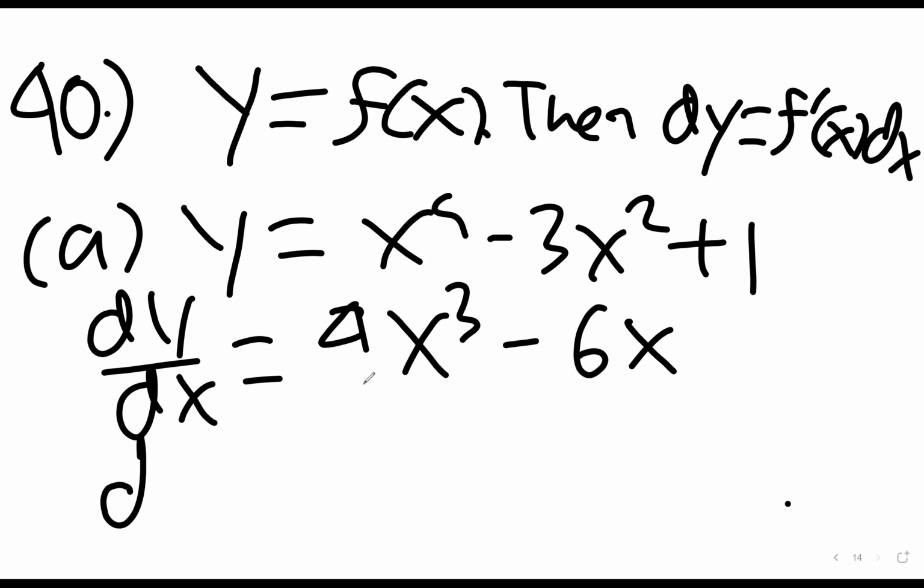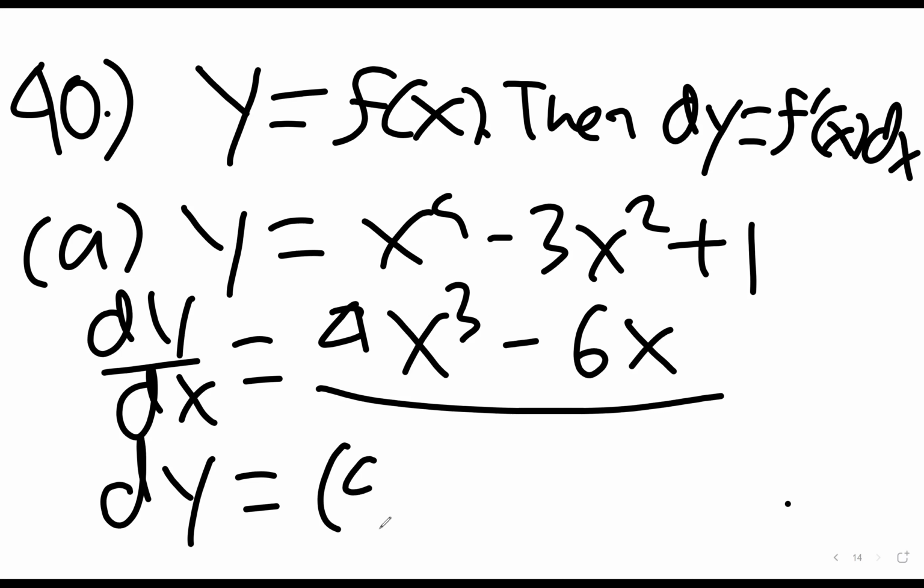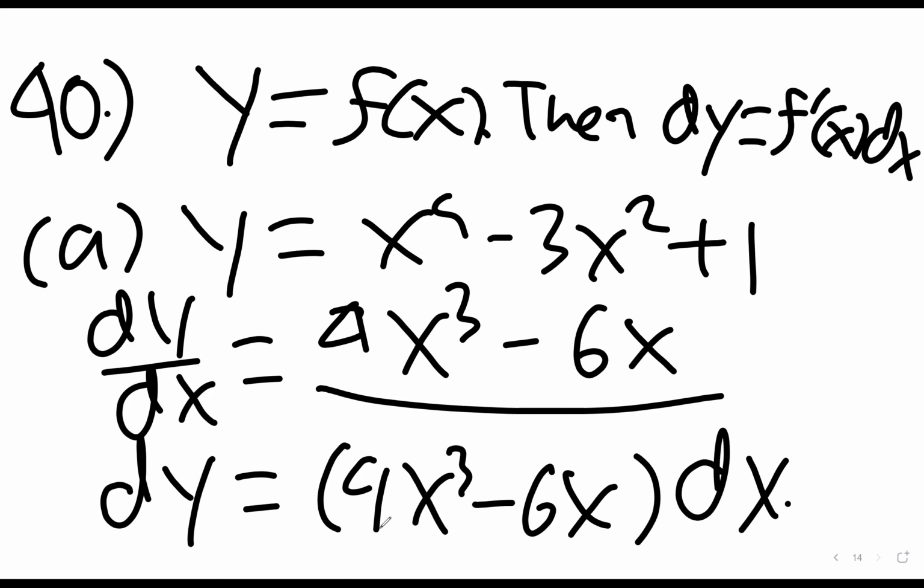So the differential of y, dy, is just f prime of x, namely this one, multiplied by dx: 4x cubed minus 6x dx. Usually, sometimes we forget to put dx there, but be careful. Make sure that if the question is to write dy, it is f prime of x dx. Do not forget dx there. Otherwise you just write its derivative only, not the differential of y. Okay, any question or comment?